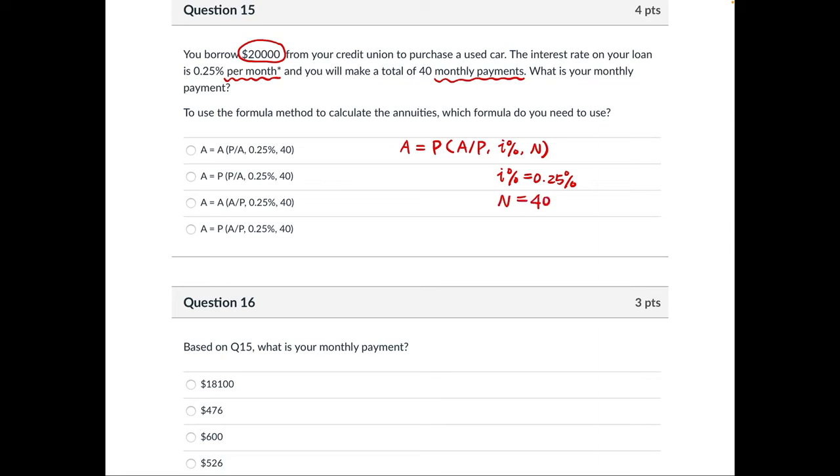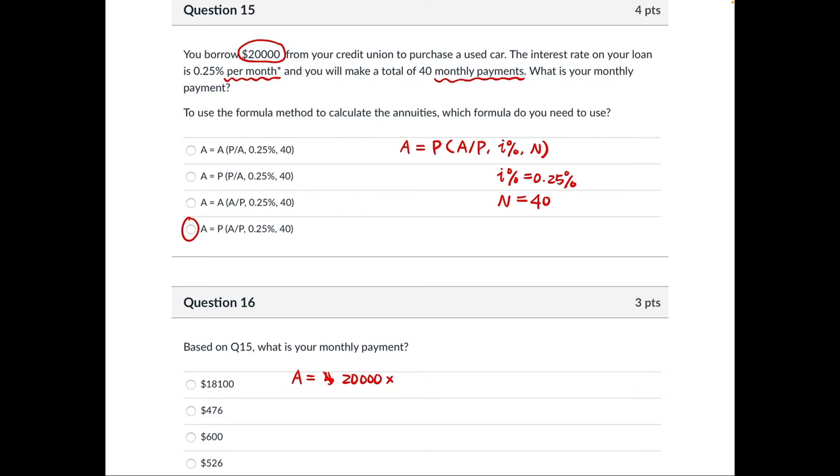So it's gonna be P times A slash P, 0.25% and 40. So you just need to substitute the letters with the numbers. So P is 20,000 times the factor of A slash P in the table of 0.25%, and number of periods is 40.